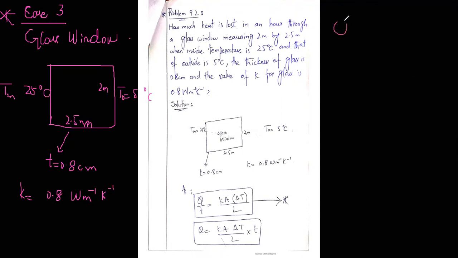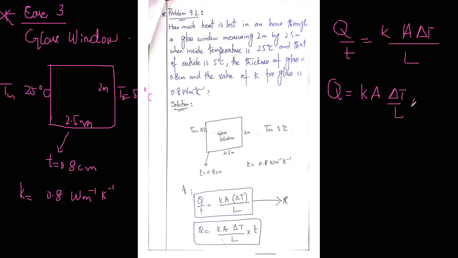So Q by t equals K A delta T by L, therefore Q equals K A delta T by L multiplied by t.